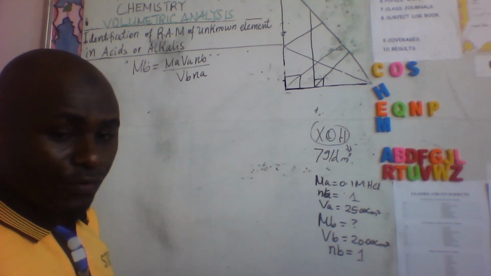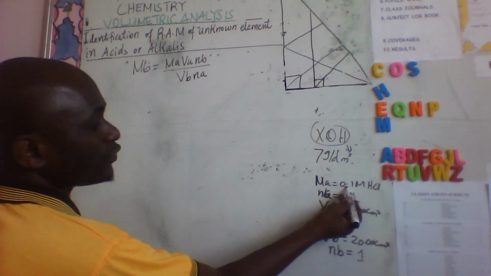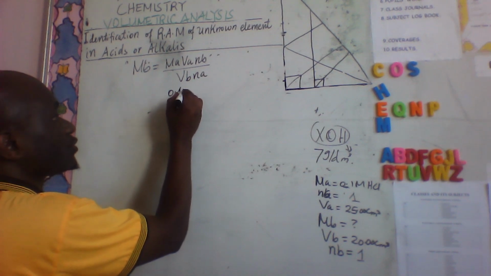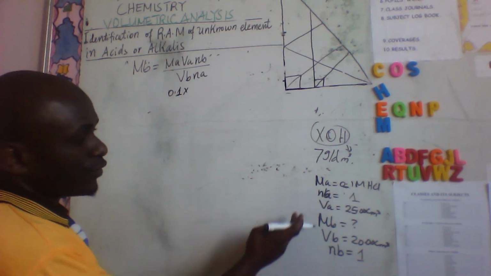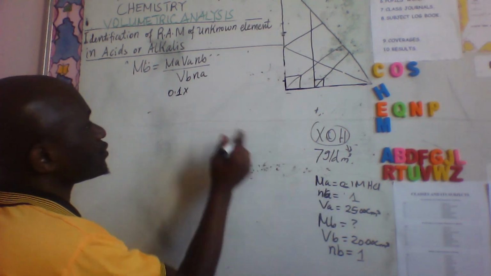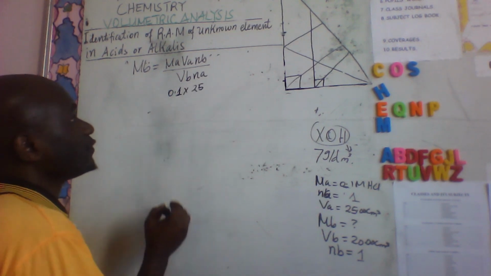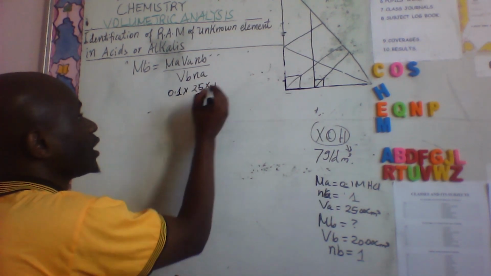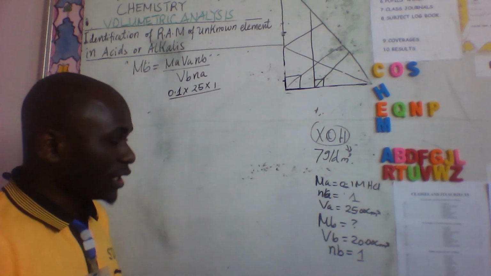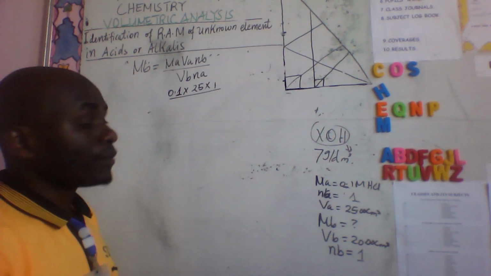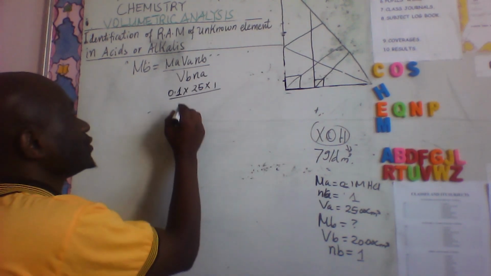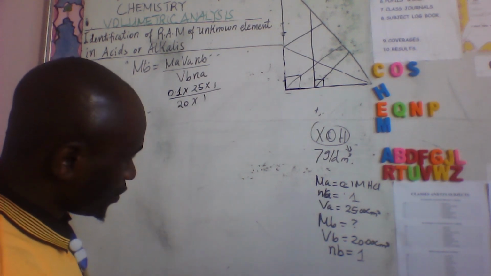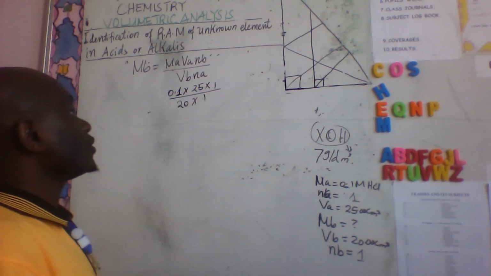Here the molarity of acid is equal to 0.1, times volume of acid, which is equal to 25, times number of base, which is equal to 1, over volume of base, which is equal to 20, times number of acid, which is equal to 1.